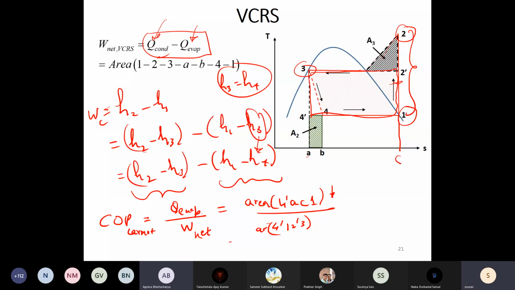Okay, now the net work input is this entire area. So we have taken a hit in the numerator, we have taken a hit in the denominator also. And hence the VCRS system will have significantly lower efficiency, or in this case the coefficient of performance, COP, than your Carnot cycle.